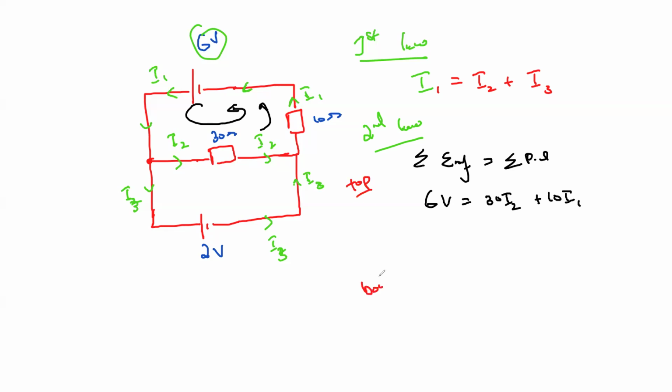Then we take the bottom loop. When we are taking the bottom loop, we consider the direction of the flow in this way.